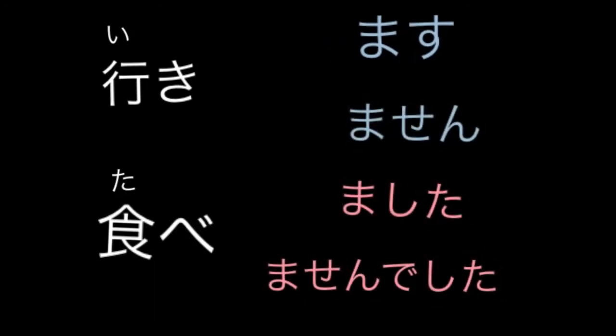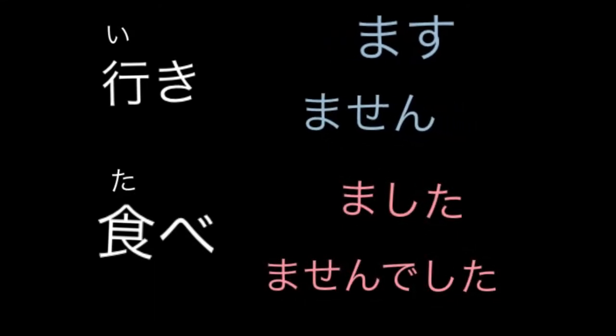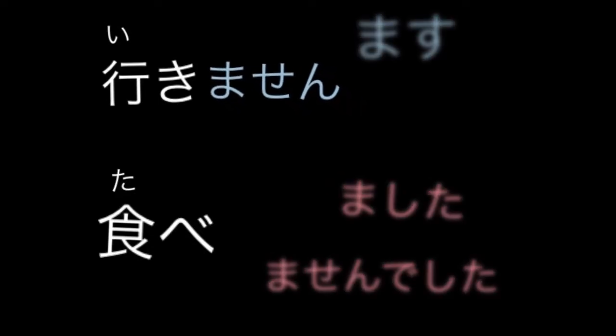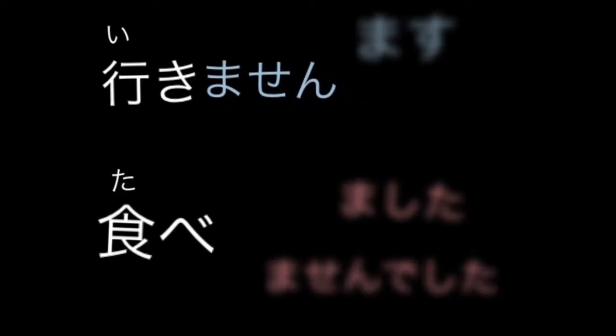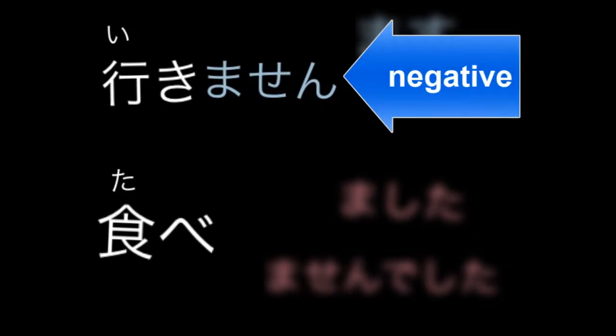Now if we change masu into masen, and here it is, then the tense remains the same. It's still the non-past tense. In other words, it's to do with now or in the future, but it's changed from positive to negative. So we have ikimasen, I do not go, or I will not go.